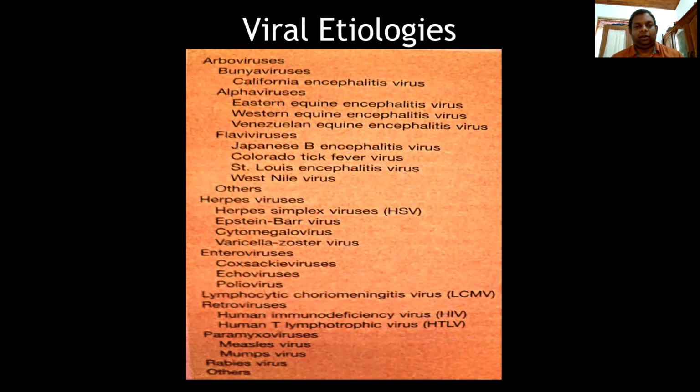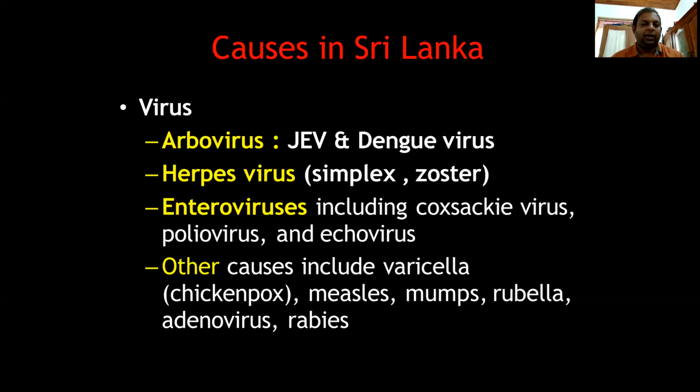What viral etiologies? There are arboviruses, herpes viruses, enteroviruses, and paramyxoviruses. They often present with encephalitis rather. In Sri Lanka, for encephalitis, arboviruses are there: Japanese encephalitis and dengue. Herpes virus is commoner. Enteroviruses include Coxsackie, polio, and echo.